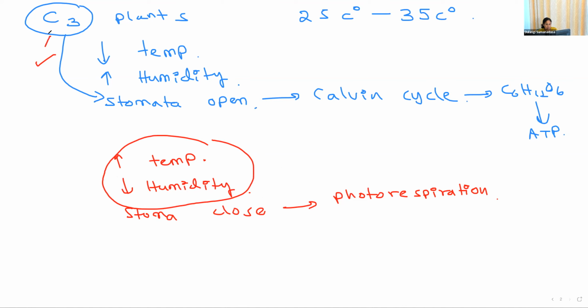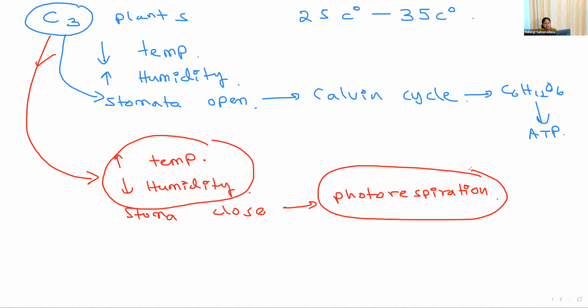Because of that, C3 plants won't have any adaptation to avoid photorespiration. The only plants that you're going to see photorespiration in are the C3 plants, because this is not something they're always going to experience. If this happens sometimes, they can't avoid the photorespiration. They don't have any adaptation to avoid it, right?